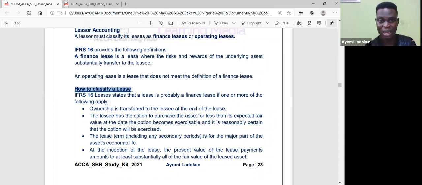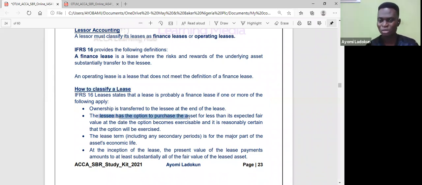You might need to classify whether a lease is a finance lease. The examiner can give you a scenario and ask you to identify, or tell you the directors are struggling with the classification of whether it's a finance or operating lease. So you read the scenario and find any of these points that suggest it's a finance or operating lease.